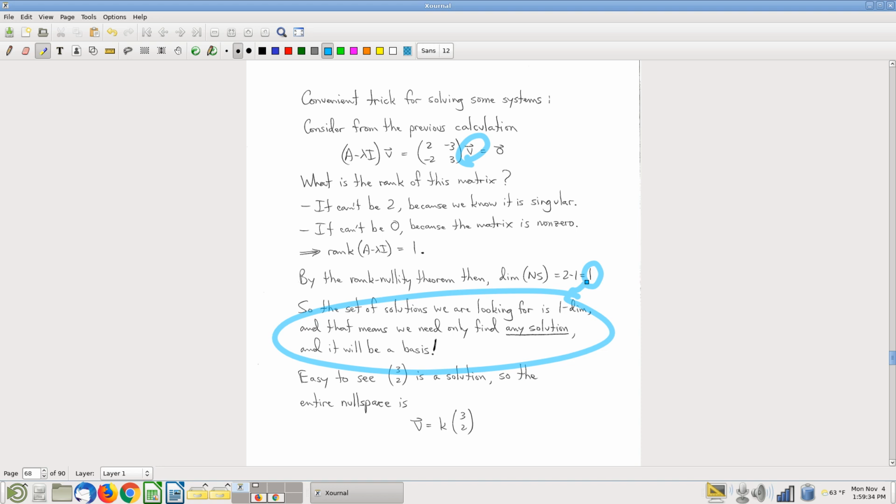So can we find any solution here? Can I think of any vector that when I multiply by that matrix I get 0? And then just get into smart-alecky mode and you notice, okay, well I see 2s and 3s and, okay, well, 3, 2. Just play that trick where you switch the numbers and change the minus sign, and of course it's 0.